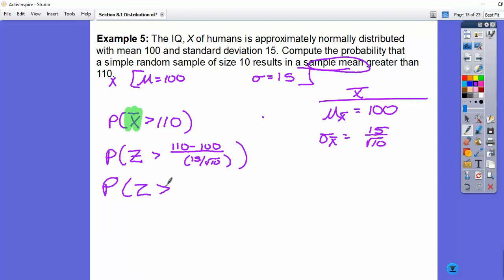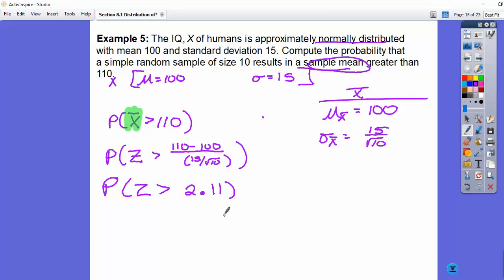Okay, so if I plug that in, I get the probability Z is greater than 2.11. Okay, remember your table, we can use our normal table because it's normally distributed.